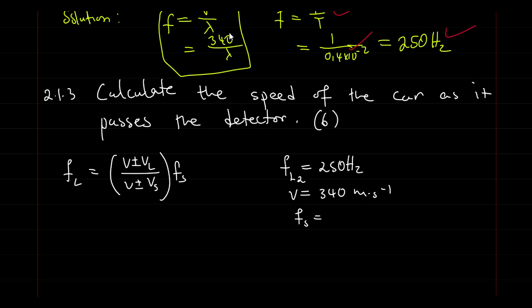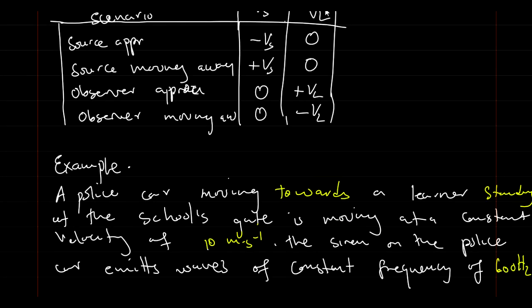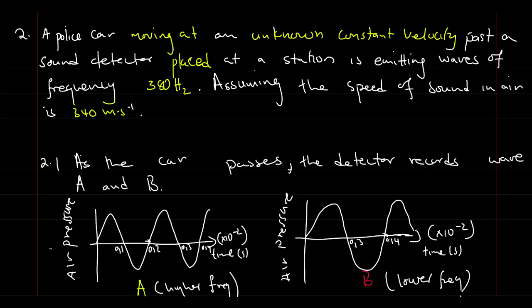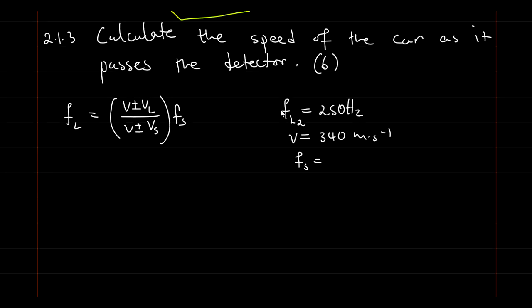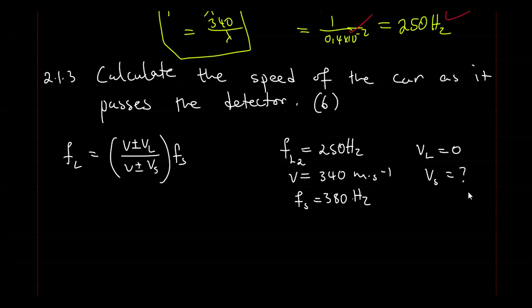They say Fs is 380 hertz. Okay, what else? What about VL? VL is equal to 0. What about VS? VS, we don't know. It's the one that we are supposed to calculate.